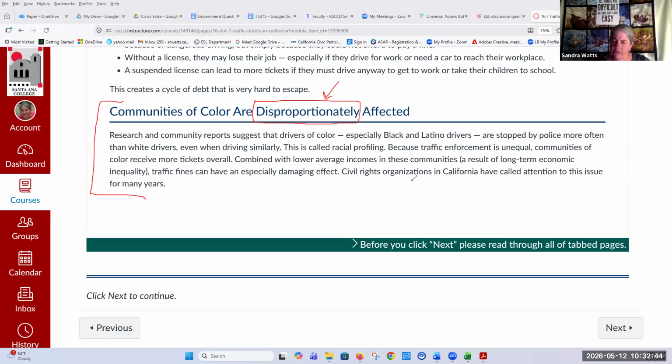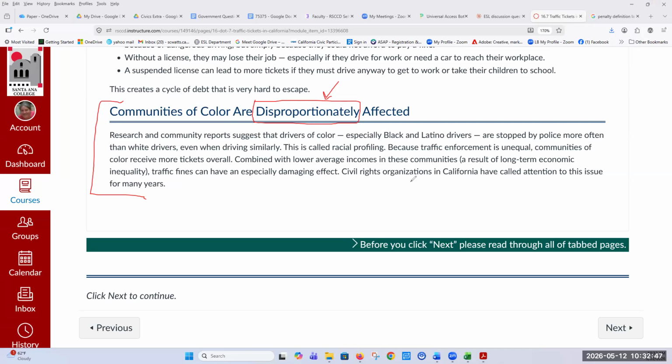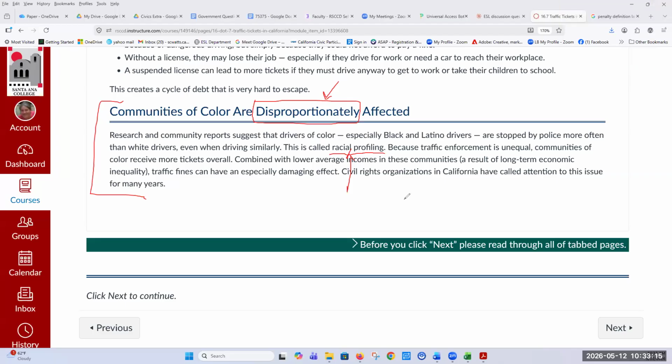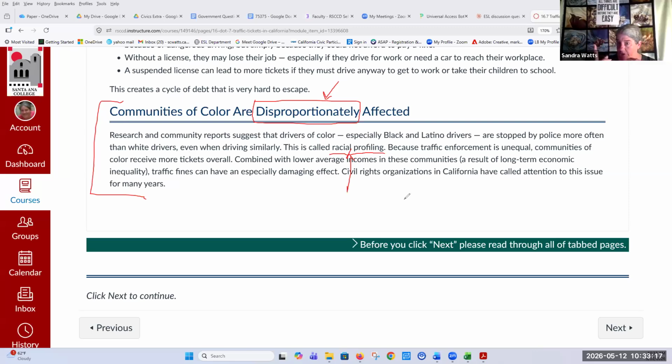Did you have another one, or was that it? Profiling, in this case, racial profiling. An example I've seen with my black friends: if they're driving through a neighborhood that is mostly white people, automatically the police are going to watch them and maybe pull them over.